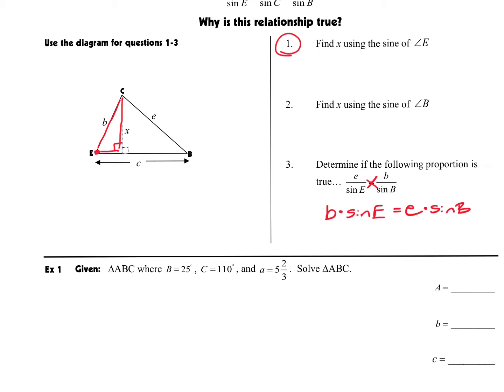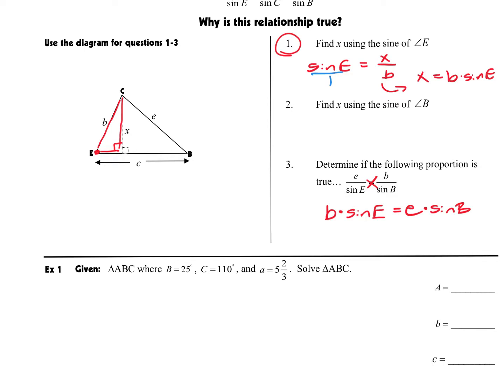So we can say that the sine of angle E is equal to x over b. And of course, we know from our geometry review that we can put the left side over 1, and this means that x is going to equal b times the sine of E.